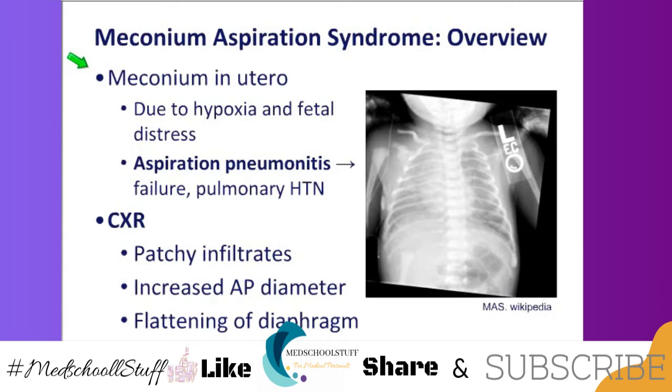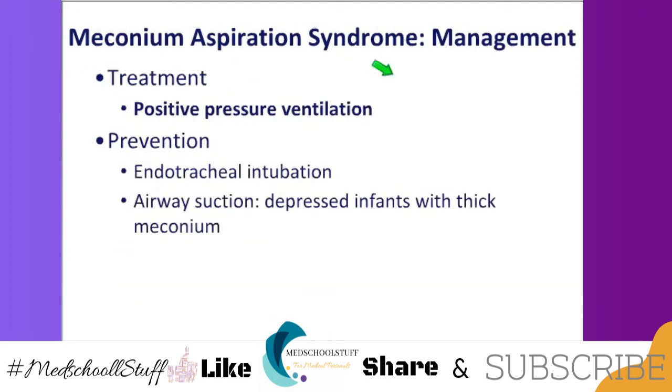So what do we do about it? Meconium aspiration syndrome causes a lot of hypoxemia, and hypoxemia in the lungs causes pulmonary vasoconstriction. That increases the pulmonary vascular resistance, so it's harder for blood to get to the lungs, and deoxygenated blood shunts across either a patent foramen ovale or a patent ductus arteriosus.